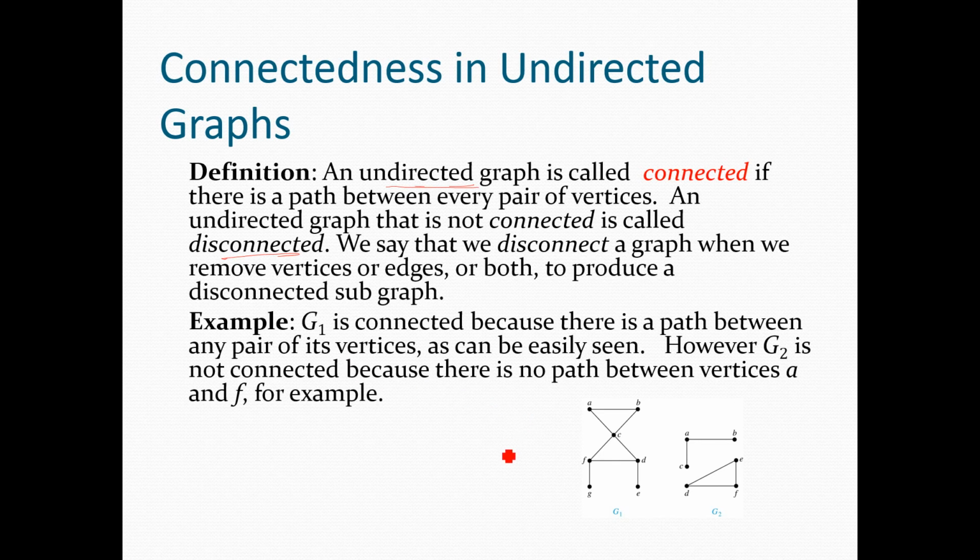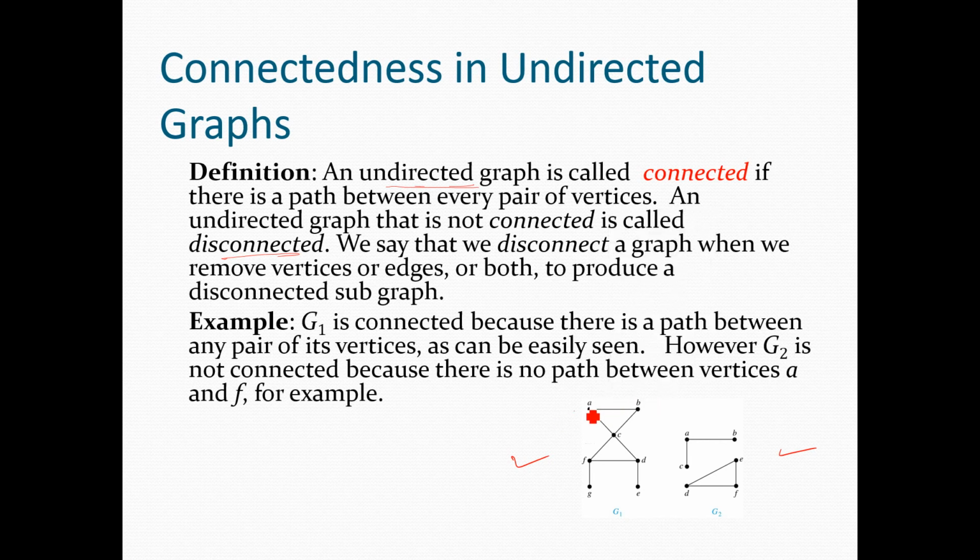Now there are two graphs, G1 and G2. G1 is a connected graph because let's start with A and pair it with any other vertex of the graph.